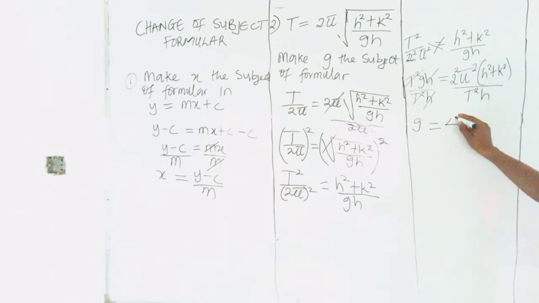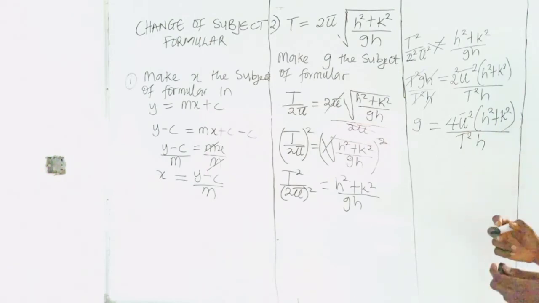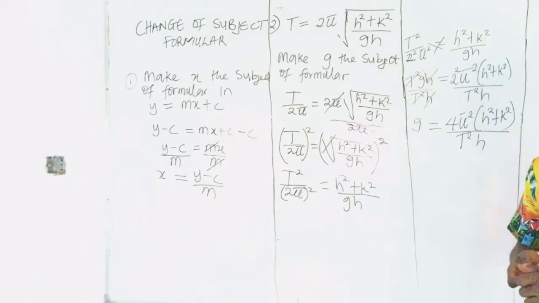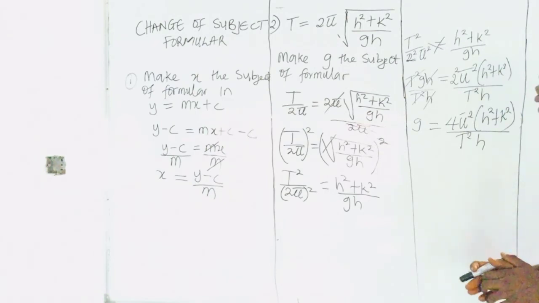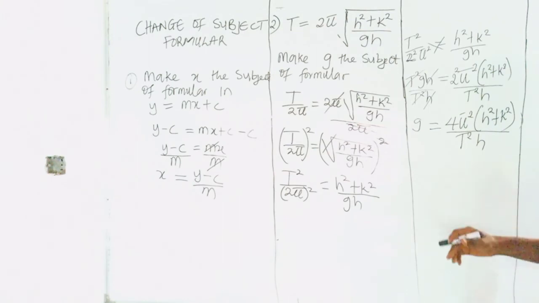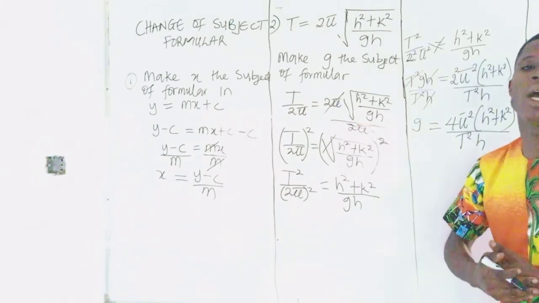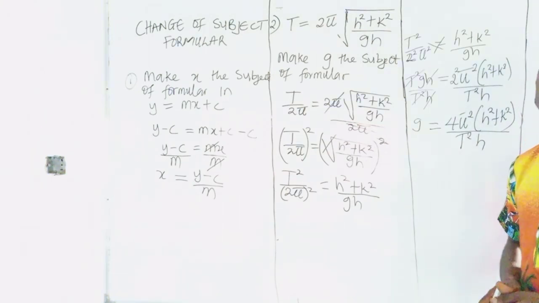So I have 4 pi squared into h squared plus k squared all over t squared h. Therefore, you can see that g is equal to 4 pi squared h squared plus k squared all over t squared h.